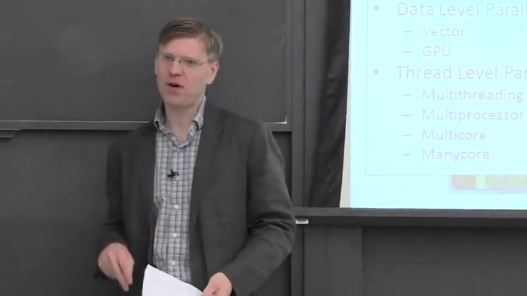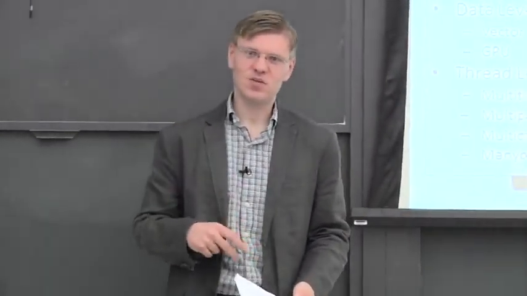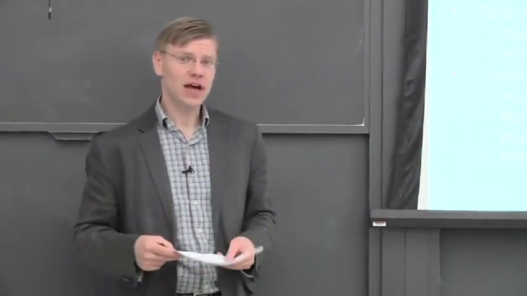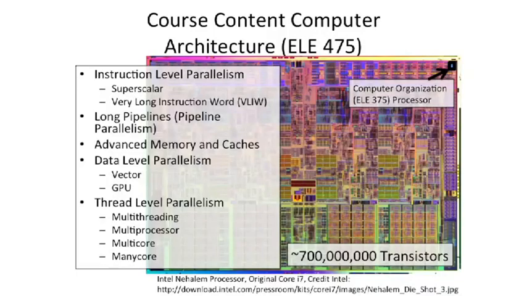So these are the two primary techniques that we're going to apply. Now let's dive into the actual technical content of what we're going to learn in this computer architecture class, and we'll categorize it as either doing less work or parallelism. The first thing we're going to start off talking about is instruction level parallelism.